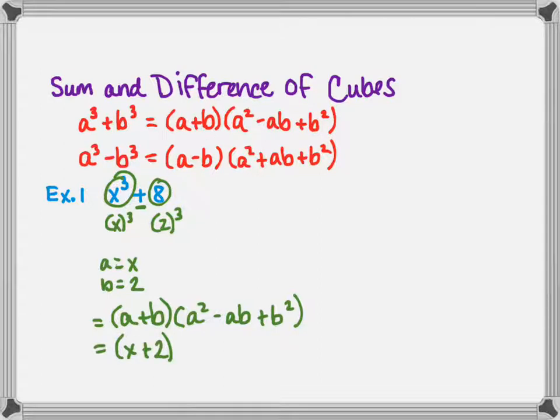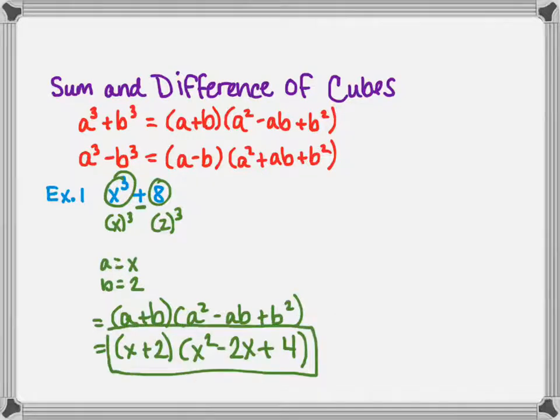So we have x plus 2 times x squared minus x times 2, or we'll just write that as 2x, plus b squared, 2 squared, which is 4. And using the sum and difference of cubes formula, that second factor, the trinomial, is prime. So here we have our factoring.